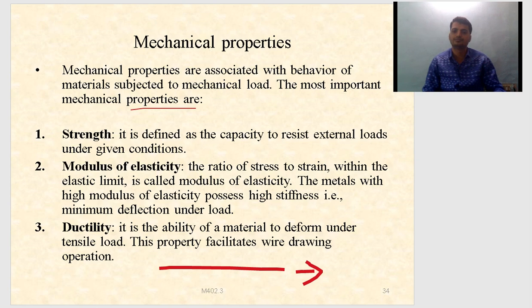Gold has some ductility. Similarly, a copper rod. So every material has some ductility. Most importantly, silver is the most ductile material. And next, mild steel.